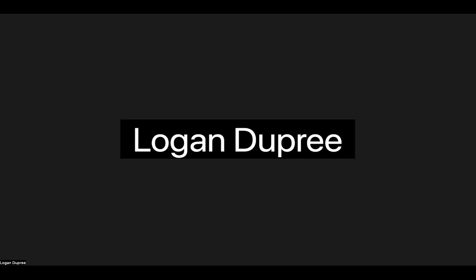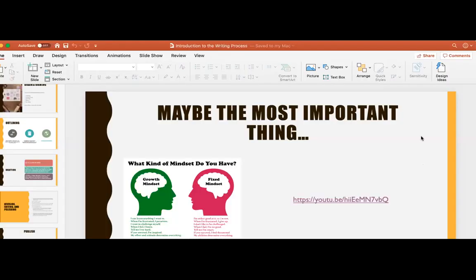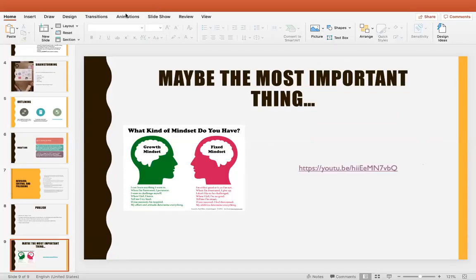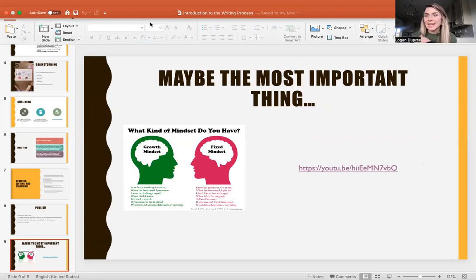So guys, I hope this was helpful and that you have an even better understanding of the importance of growth mindset and how that pertains to the writing process. This process is difficult. Make no beans about it.